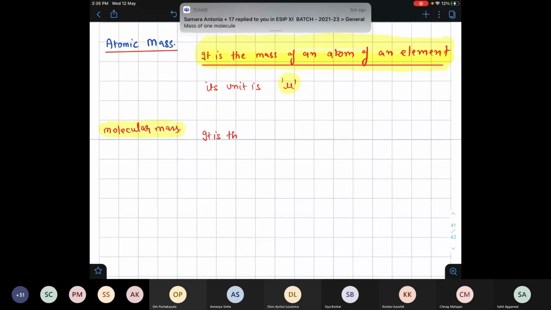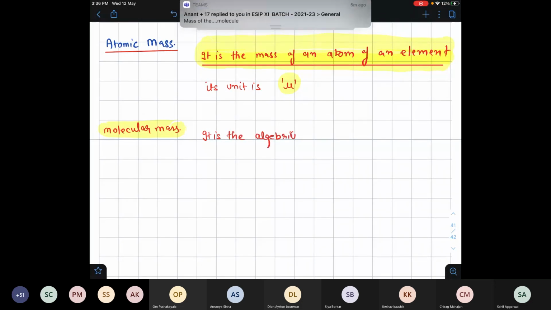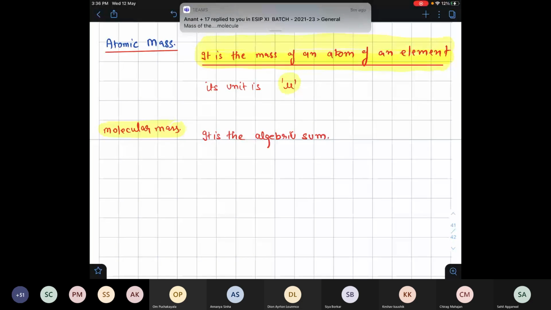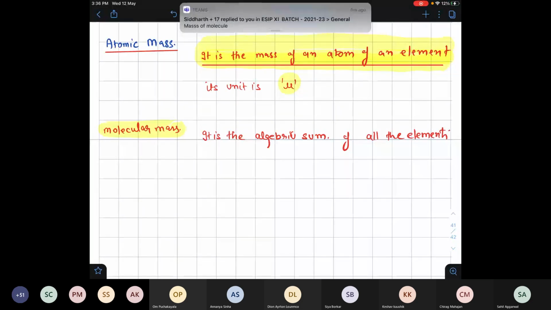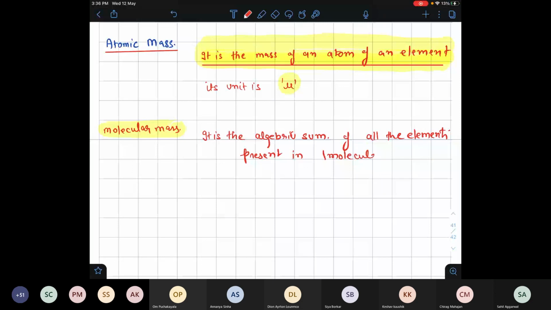It is the algebraic sum of all the elements present in one molecule. ठीक है, और very simple form में mass of one molecule.